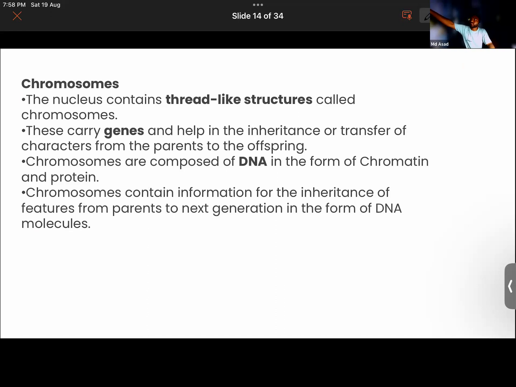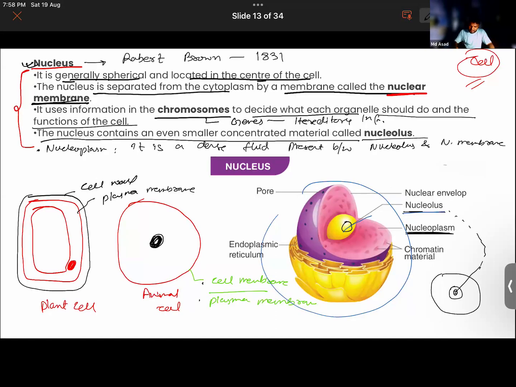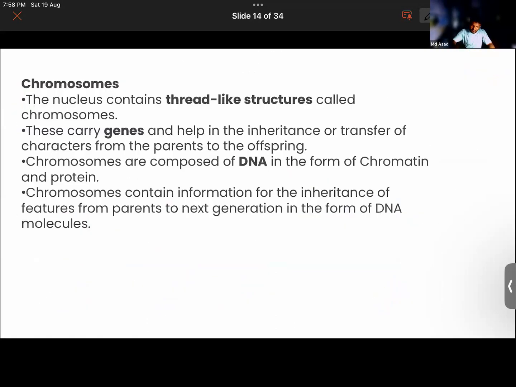So if you were to have a look at this diagram over here, this is your cell. Let's say this is a nucleus over here. Inside this, you have got the nucleolus, right?